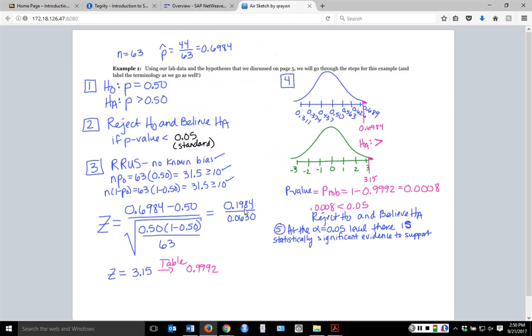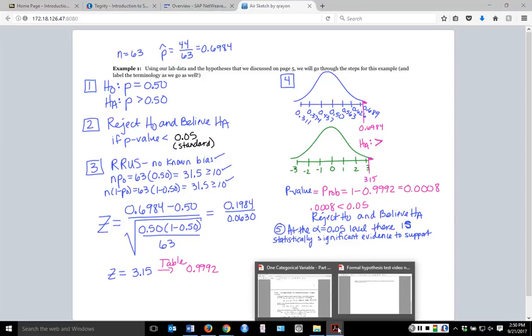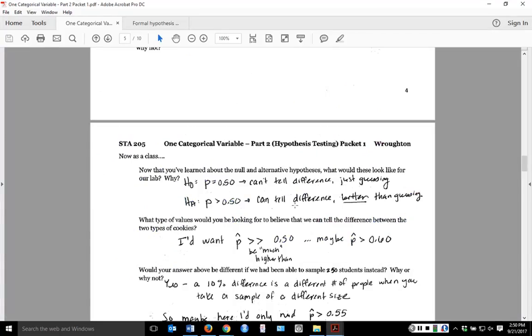So what were we trying to say? We wanted to say that p is greater than 0.5. What did that actually mean? That people could tell the difference between the Oreo and the generic cookie. So that's exactly what I'm going to say here.